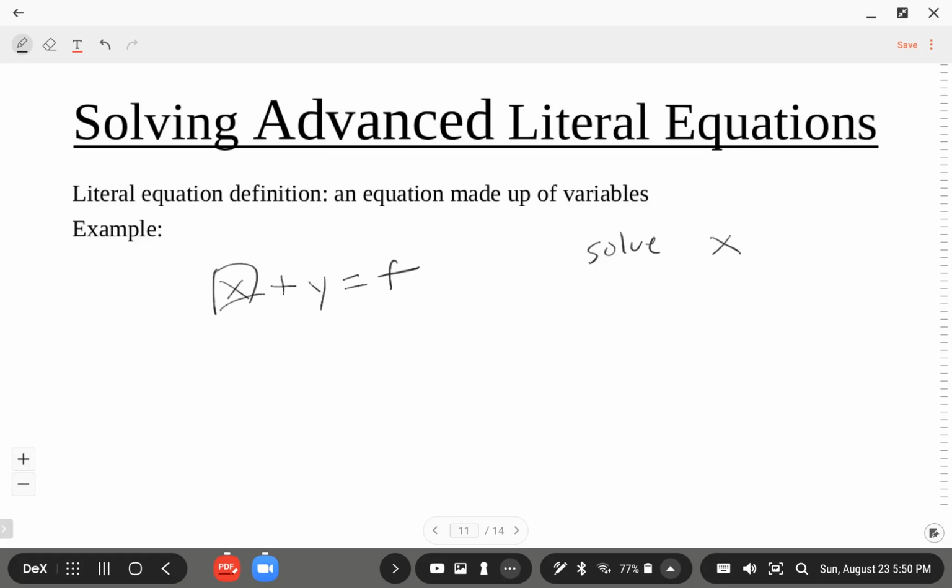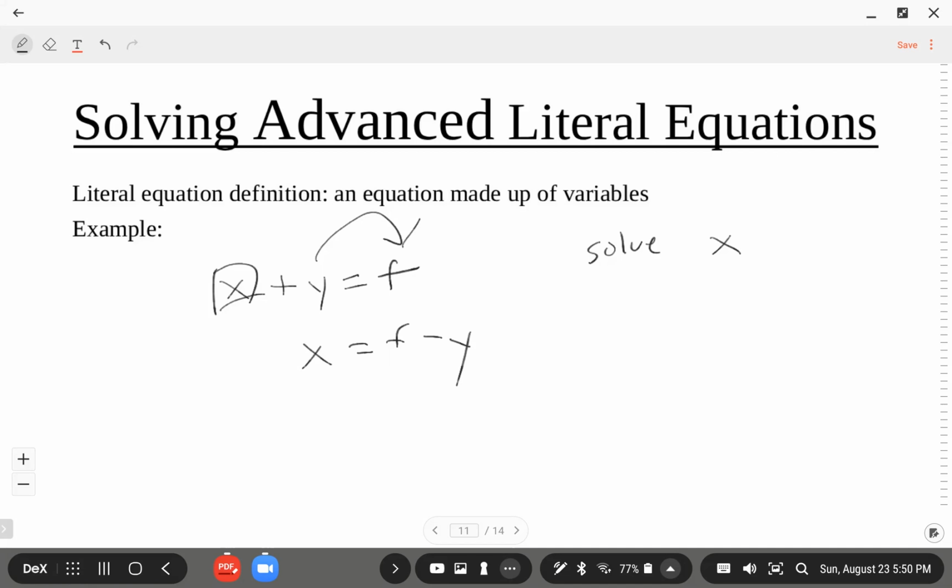This is the same idea as the single variable equations. And we just move y to the side. Remember inverse operations. And we get x equals f minus y. Okay? You just have to isolate x. So when you only have one equation, you don't actually find the numeral. Okay? You just have to isolate x on one side and push all the other variables and numerals on the other side. Okay?